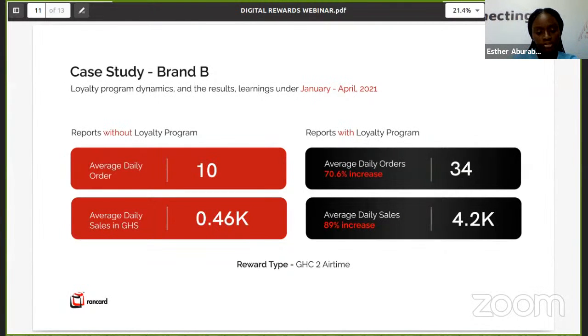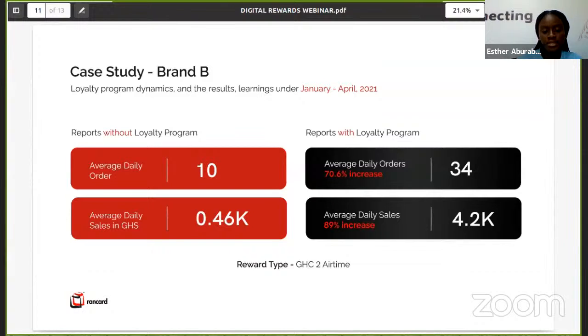And they were doing around 460 cedis a day. But with running the loyalty campaign, they were doing about 4,000 Ghana cedis on a daily basis, which is a huge increase for a brand that started small as this one.